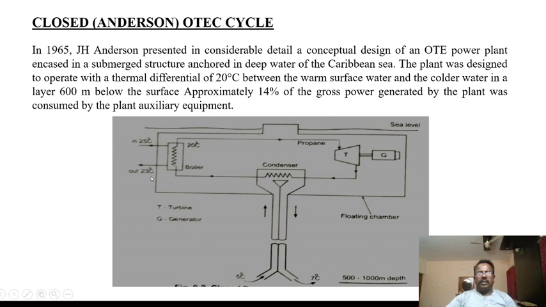This is a floating chamber in which we find the evaporator or boiler, the turbine, and the generator connection, which we call the alternator. Then the condenser, everything is closed in the floating chamber, and this condenser is connected to the deep water because we supply the cooling agent, the cold water from below the surface, to the condenser to reduce the temperature of the condensate.